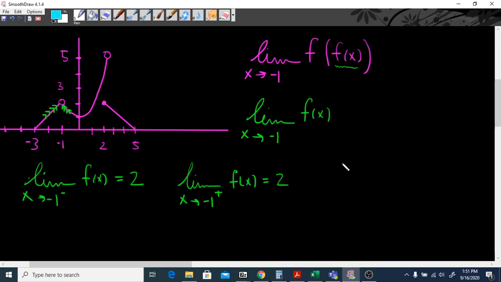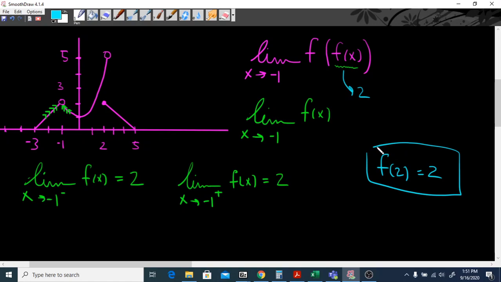We evaluated the limit, so this is 2, so all I need to do is find f at 2. If we look at x equals 2 here, f at 2 is exactly 2, because we got 1, 2, 3, so f of 2 is 2, and you might be tempted to say, okay, that's the final answer, we're good to go.